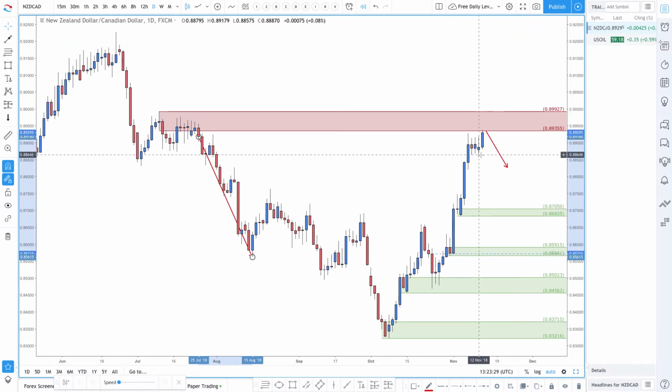So I'm all for buying the Canadian dollar right around these levels, or even if it means slightly higher, especially around this 0.900 round number. So from a value perspective, I know in the past this year that this was a cheap area for the Canadian dollar, and potentially it could be another cheap area right here.